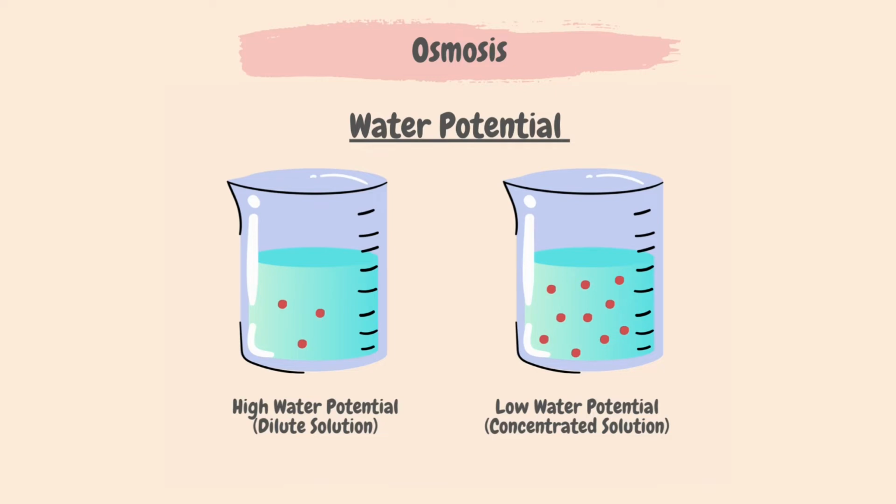Because water cannot be dissolved in water, we need to use another term instead, water potential. For a very dilute solution, because it has a lot of water, it has a high water potential. For a very concentrated solution, because it has less water, it has a low water potential.